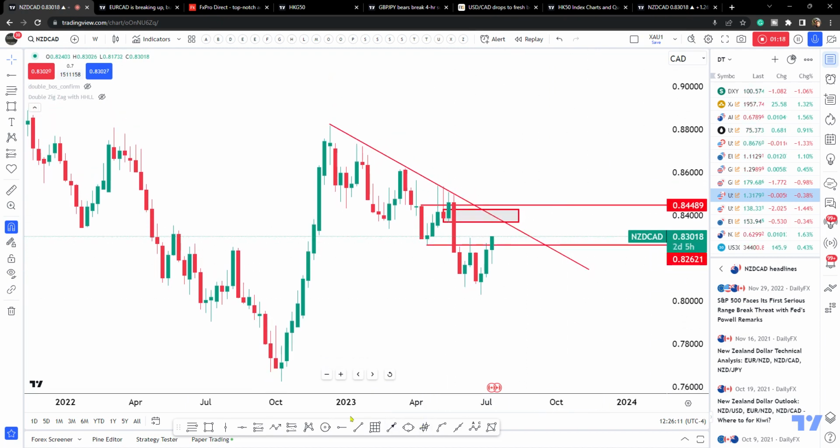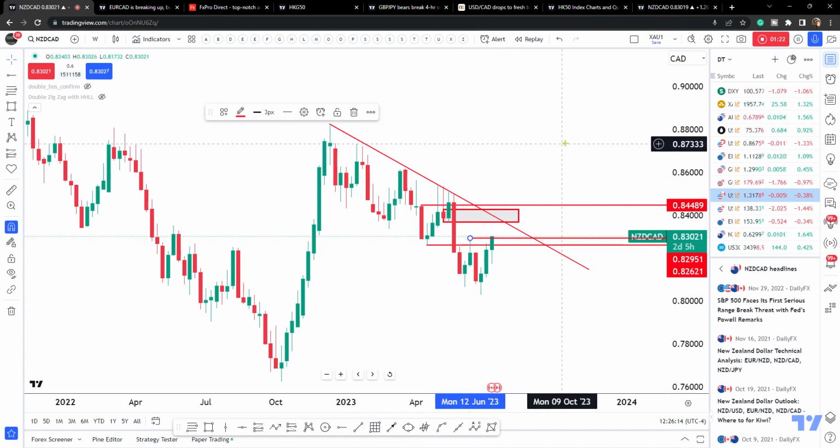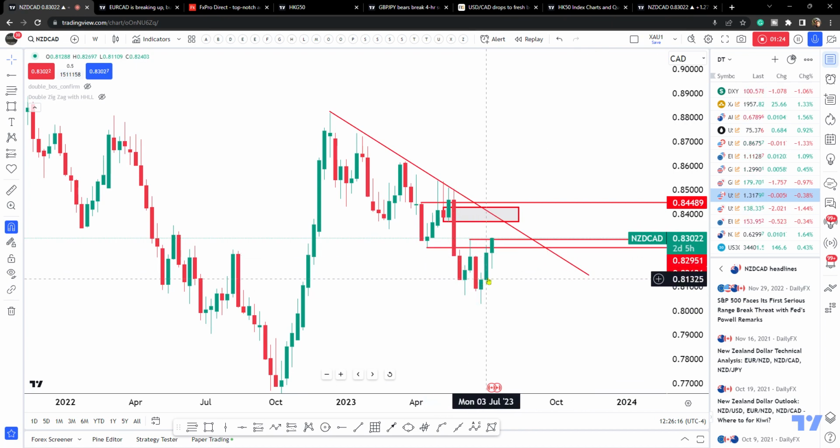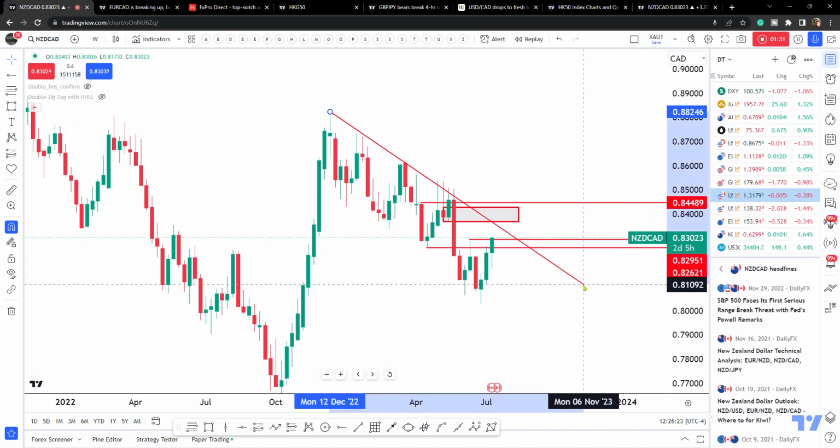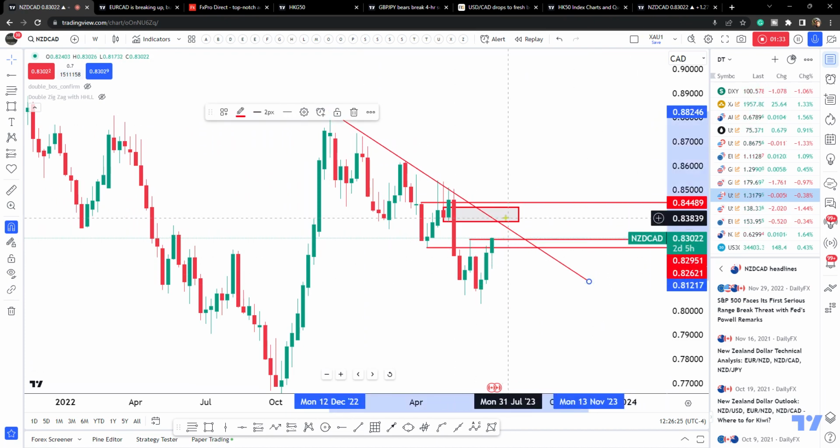We've taken out old highs. So this is a market that wants to run higher. And of course, you've got this trendline resistance that it could be targeting up into this area.